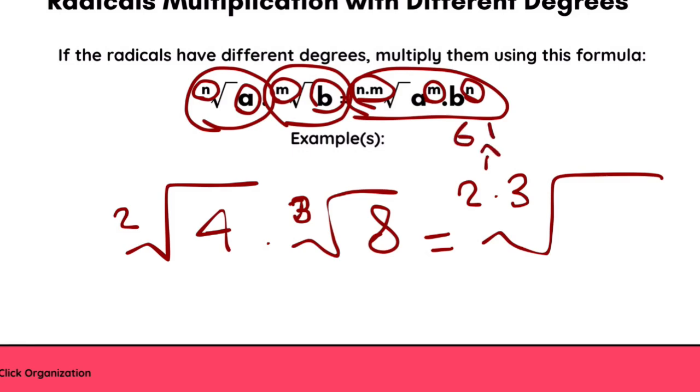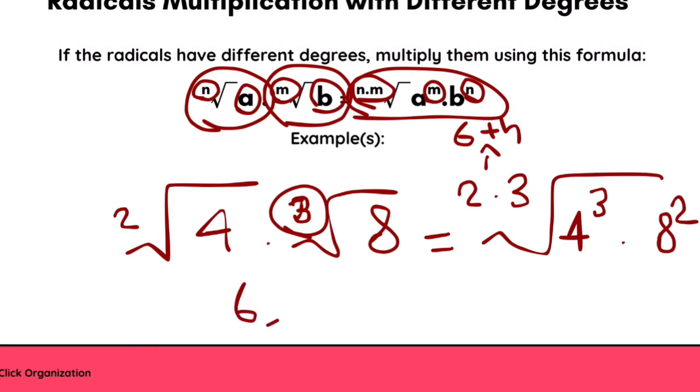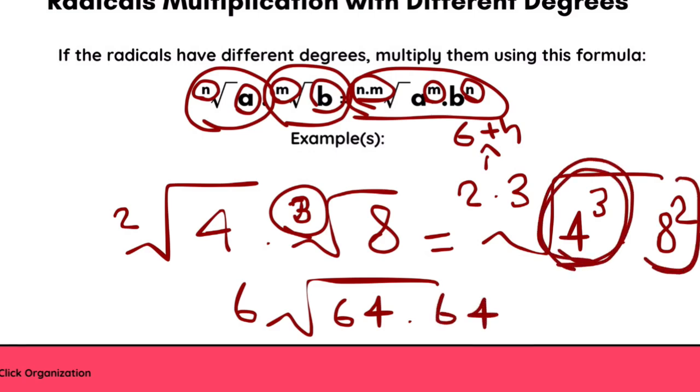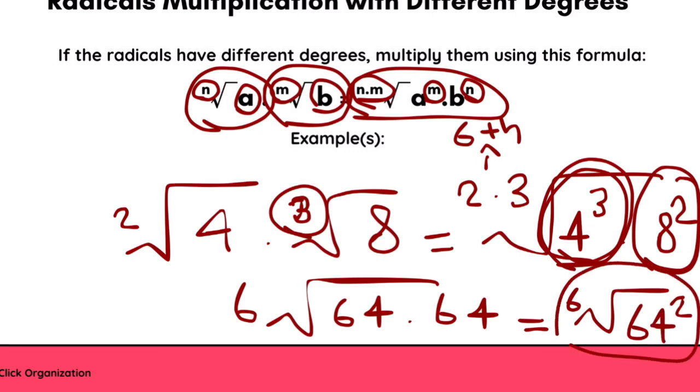The sixth root of 4 to the power of 3 times 8 to the power of 2, which will equal the sixth root of 64 times 64, as 4 to the power of 3 and 8 to the power of 2 both equal 64. And this is our answer, everyone. We can write it as the sixth root of 64 to the power of 2. And this is our answer.